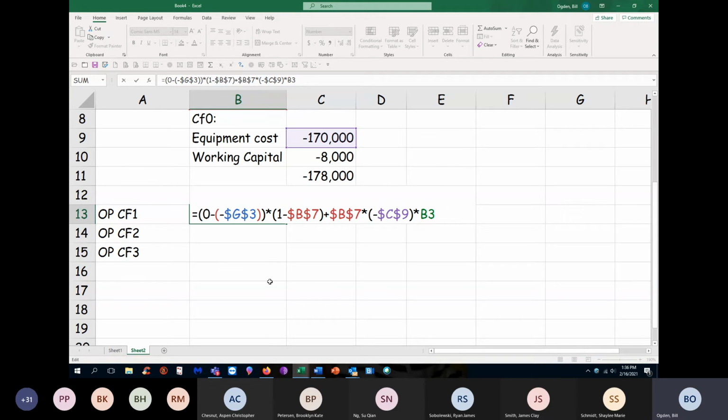Minus costs, and we're saving 50,000 annually, times 1 minus T plus T, both locked, looks pretty good so far, times the depreciation, which should be the acquisition cost, locked, and I flipped the sign on it because it's actually 170,000 positive, times factor number 1. So how did we do on that?